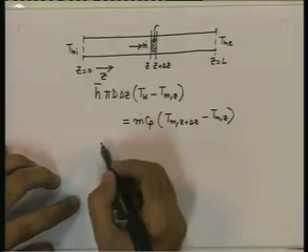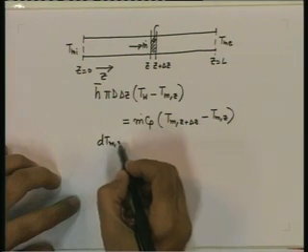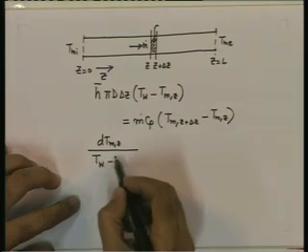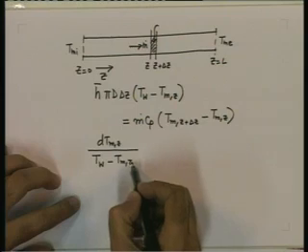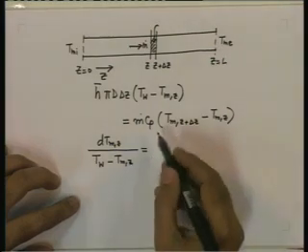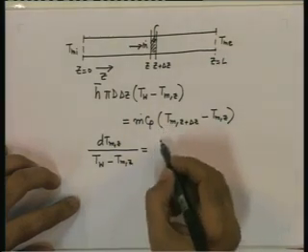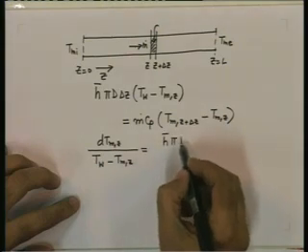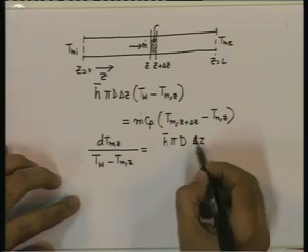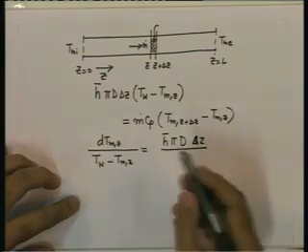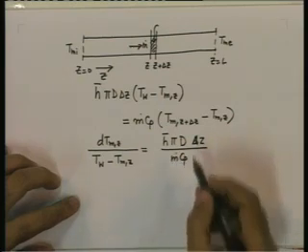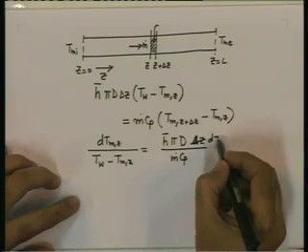We will get dTmz divided by T wall minus Tmz equal to H bar pi d delta Z divided by m dot Cp. This delta Z can be considered a small slice dz.